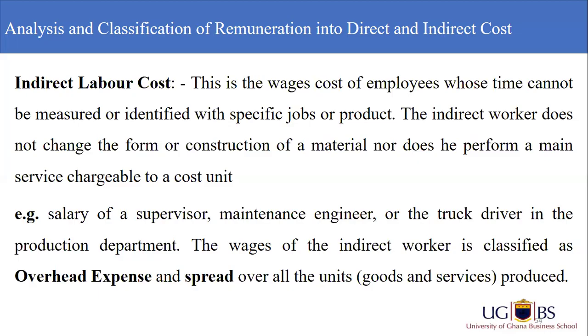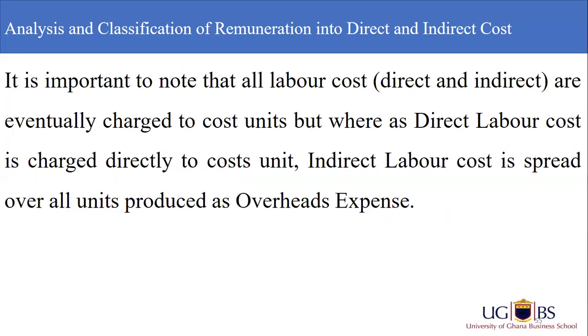So the wages of the indirect worker is classified as overhead expense. After this, we are going to treat overhead and understand it more, and spread it over all the units of goods and services.